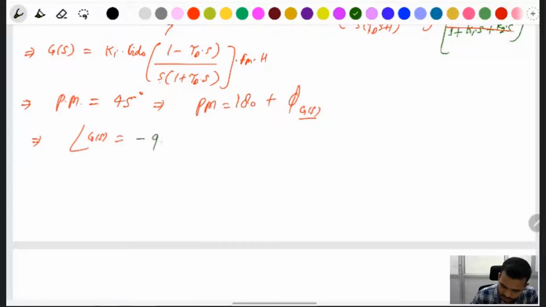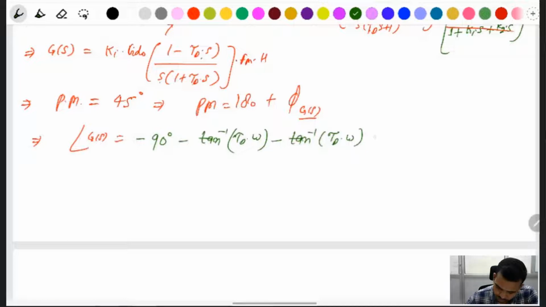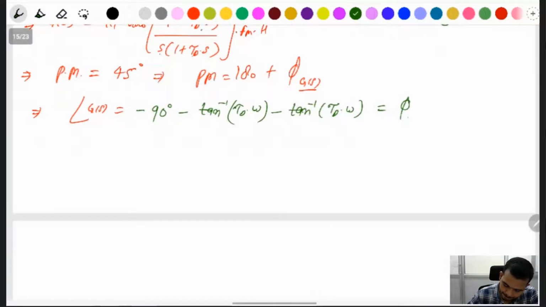G(s) has S in the denominator only, which gives 90 degrees. This one gives minus tan inverse of tau d into omega, minus this one, tan inverse of tau d into omega. This one is phi.